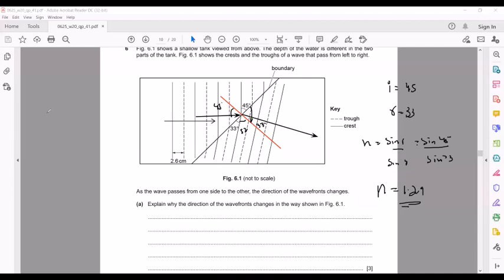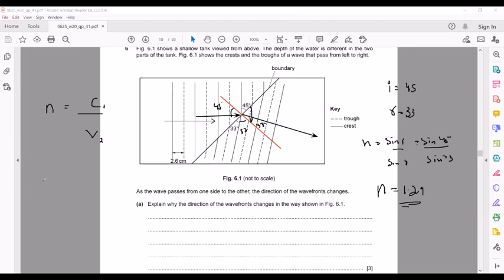So we have the formula n equals c by v, like speed in medium 1 divided by speed in medium 2. If you remember the refractive index for light, we write speed of light in air divided by speed of light in a medium. Speed of light in air is speed in medium 1, and speed in the other medium is speed 2. So refractive index is also a ratio between the speeds.